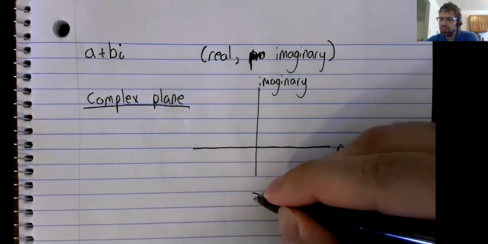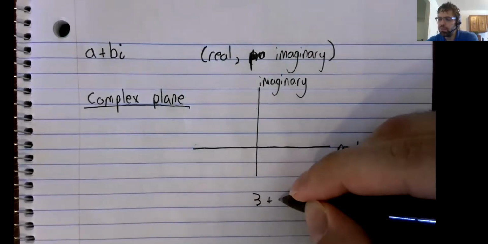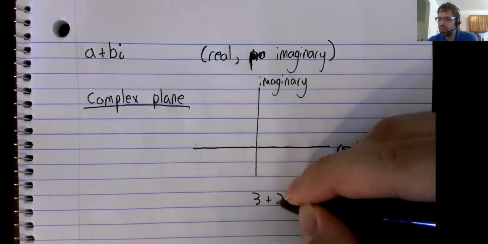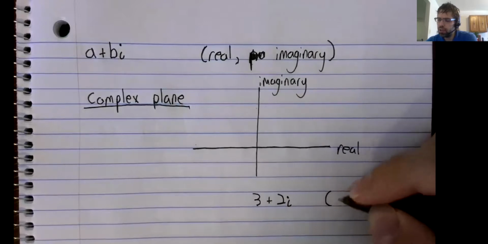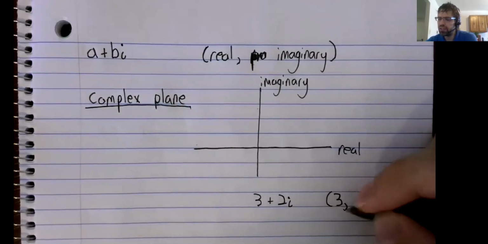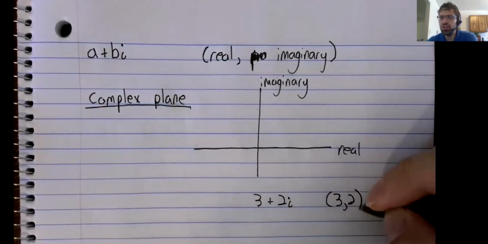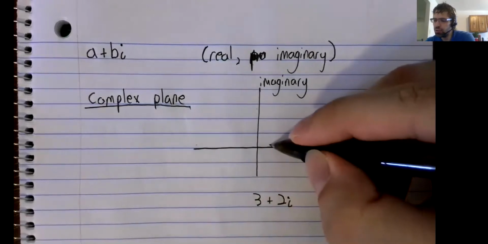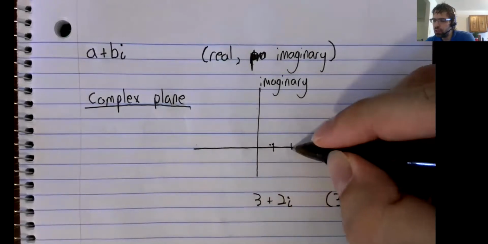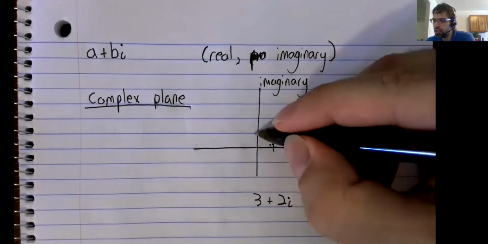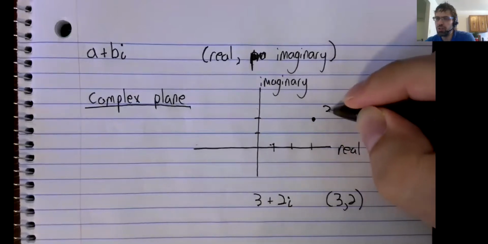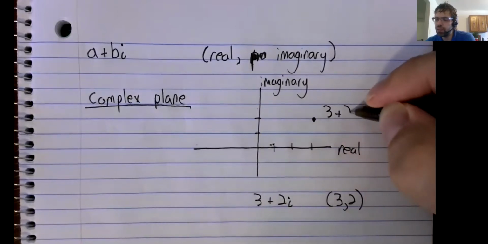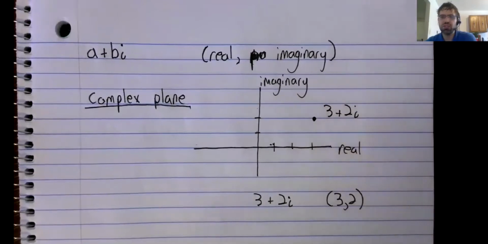And if we have something like 3 plus 2i, we graph it as the point 3, 2. 1, 2, 3. 1, 2. Here's 3 plus 2i.